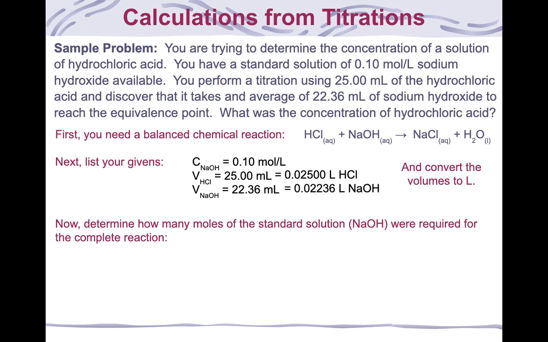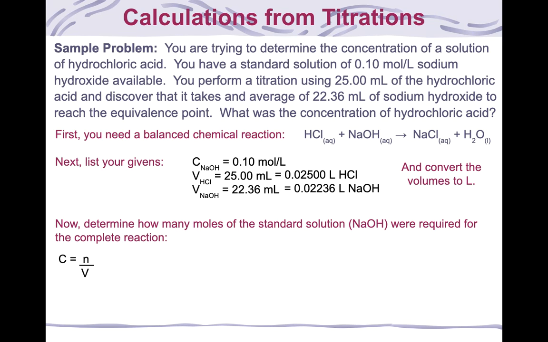So now, the first calculation you're going to do is determine how many moles of the standard solution, which in this case was the NaOH, were required for the complete reaction. So we know we used the 22.36 milliliters of NaOH, and we know the concentration, so we can find the moles.